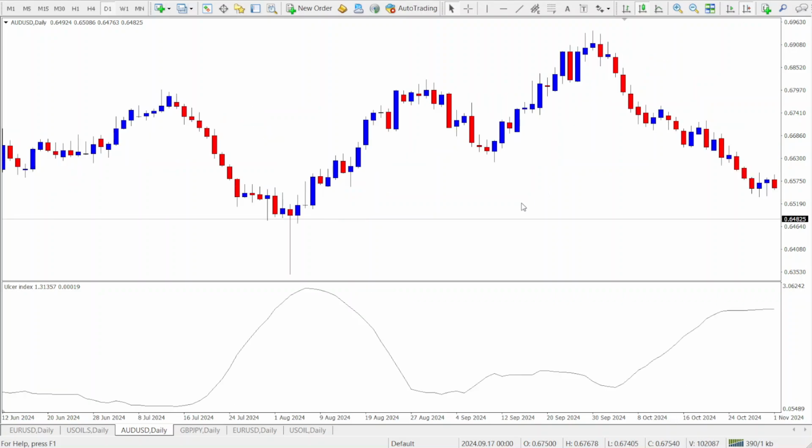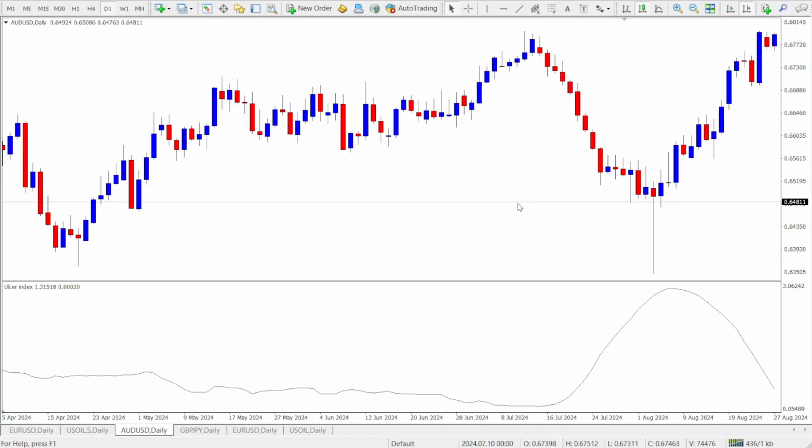So this indicator shouldn't be used by a trader who wants to take advantage of every price movement, whether buy opportunities or sell opportunities, because if you are looking for buy opportunities, this indicator is not exactly the best for you.